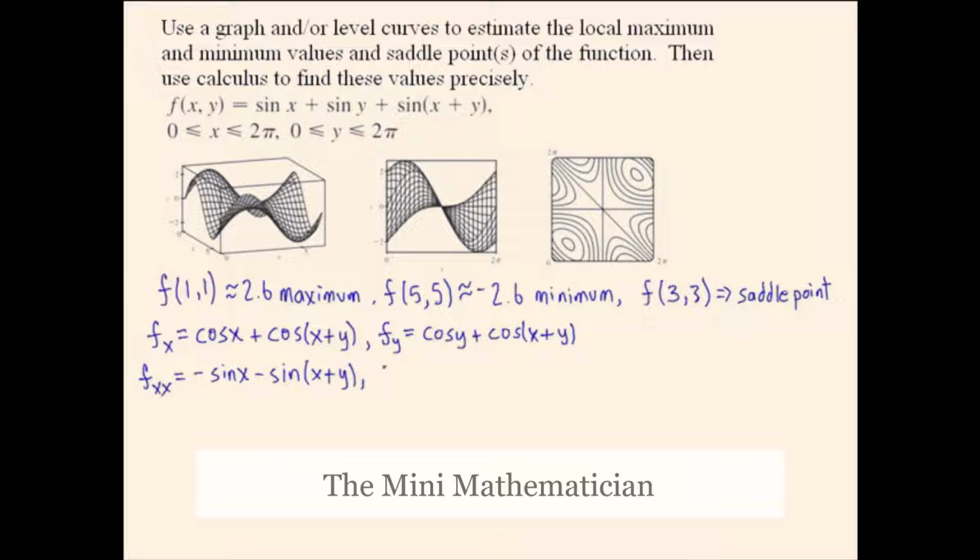The second partial derivative of f with respect to y twice is equal to the negative sine of y minus the sine of (x plus y).